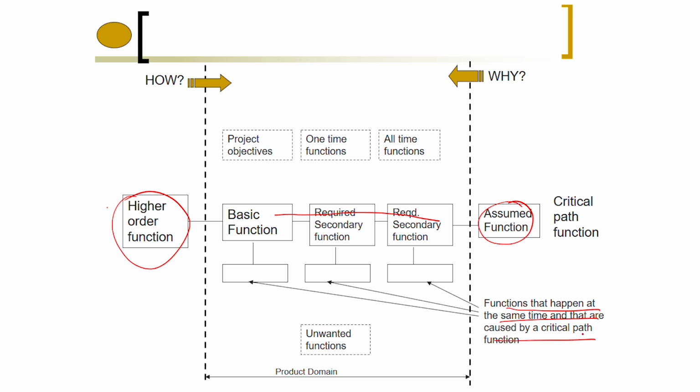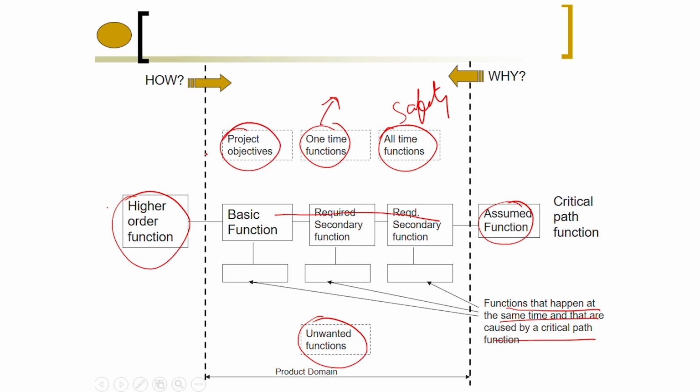And functions that happen at the same time and that are caused by the critical path function are basically the additional sub-functions that you can associate with every critical path function. And as I mentioned, there will be some unwanted functions which you need to overcome, or you need to add some functions to compensate for these unwanted functions.